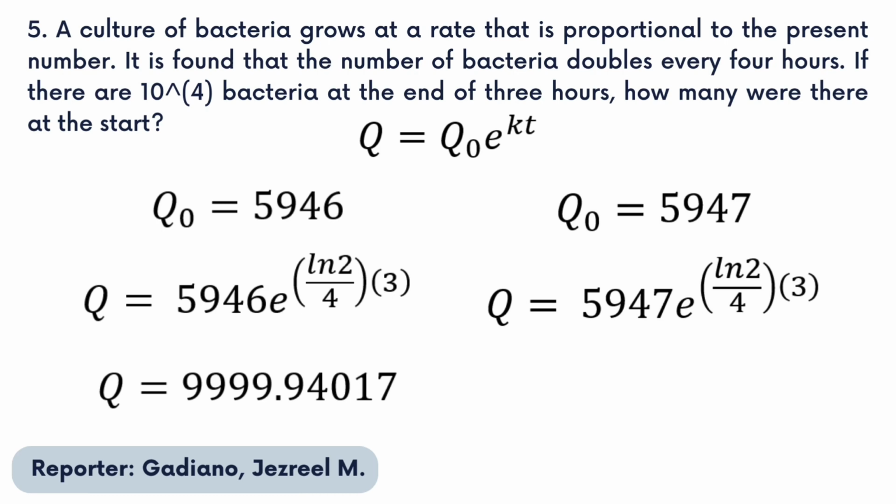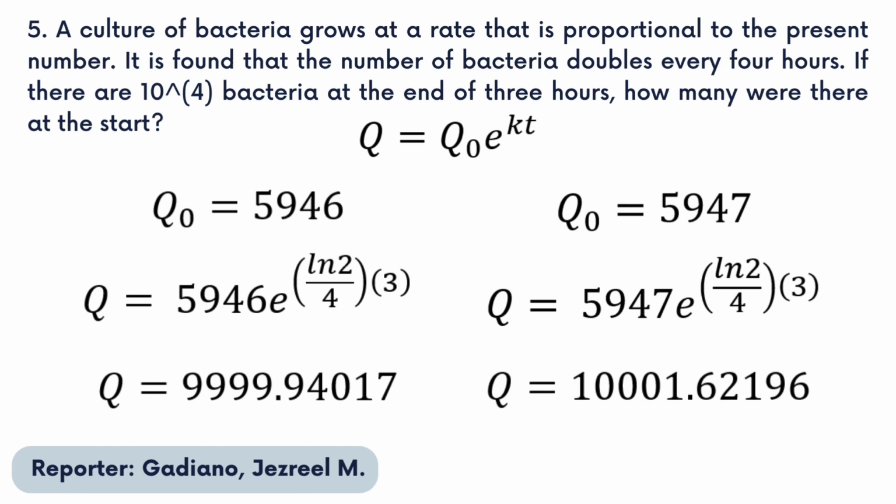Next is yung 5,947 as our initial quantity. So now we have Q is equal to 5,947 times E raised to ln 2 over 4 or 1/4 ln 2 times 3. Gamit ng calculator, ang lalabas is 10,001.62196 or approximately 10,002.